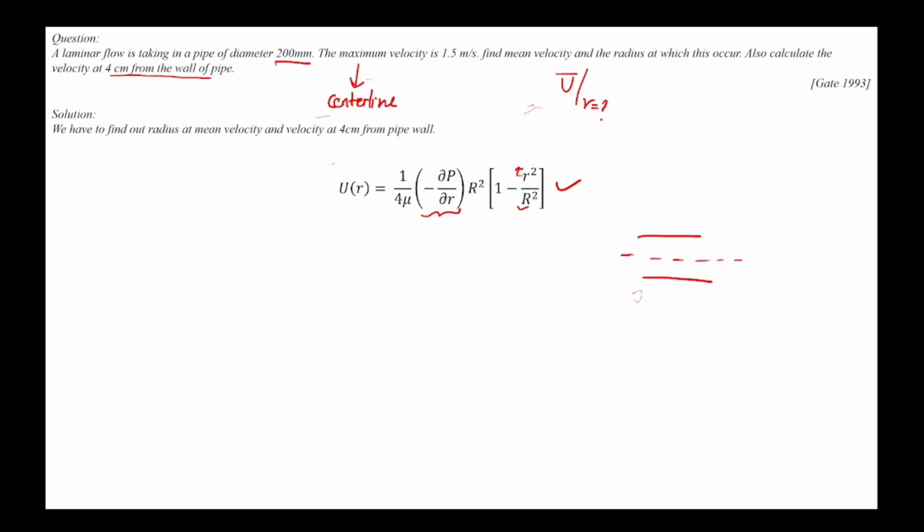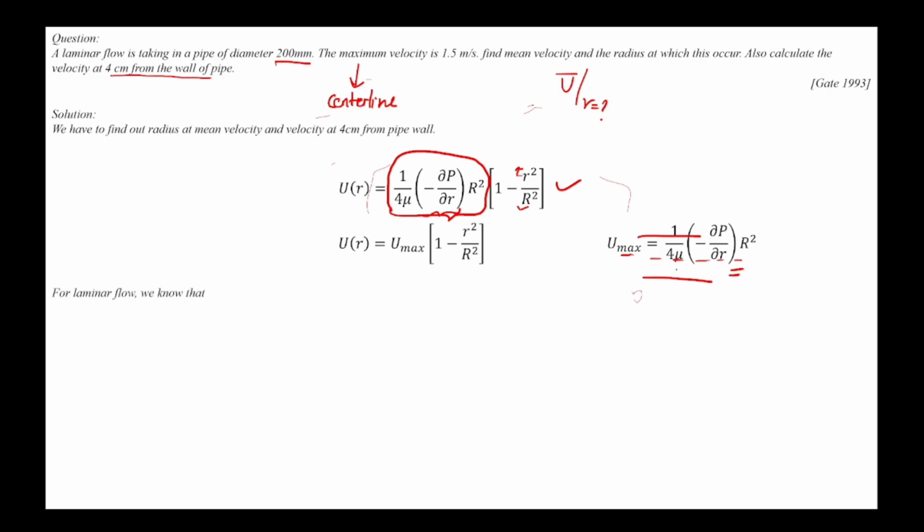I can write this term as Umax. Note it down: Umax is equal to 1 upon 4 mu times minus del P by del x into R square. Now, for laminar flow, we know that U average upon Umax is equal to 0.5, or Umax upon U average is equal to 2.